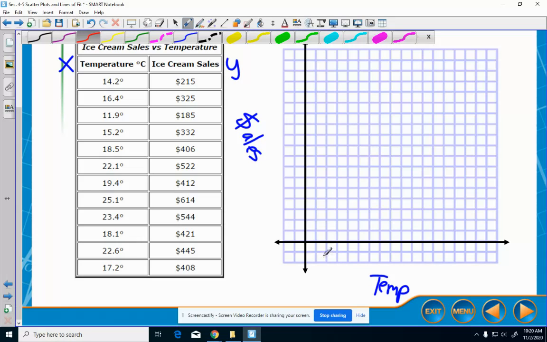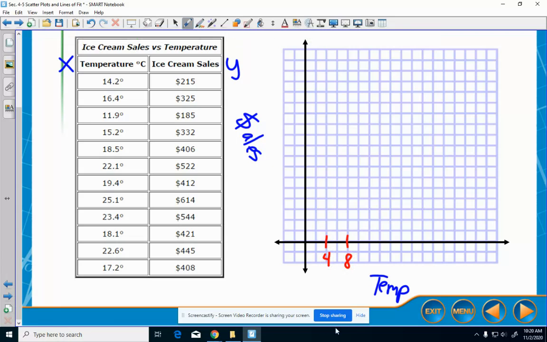So even though I'm only marking out every 4, I'm still obviously counting by twos. Okay. So there's enough to count that way.